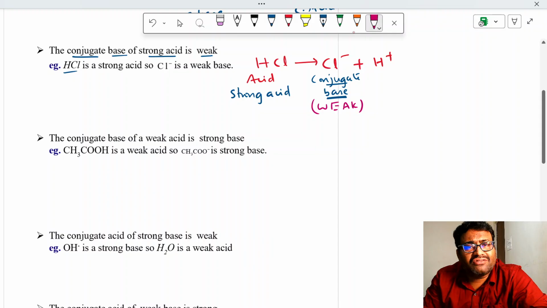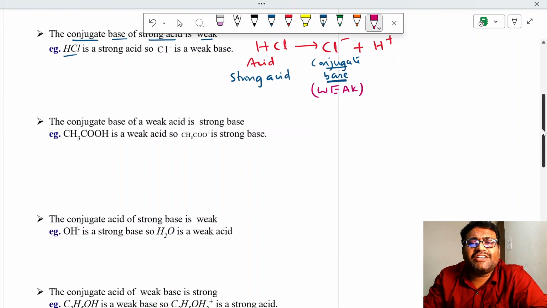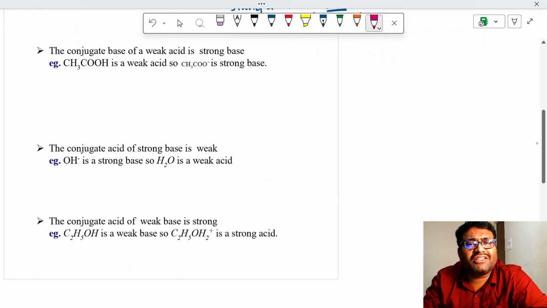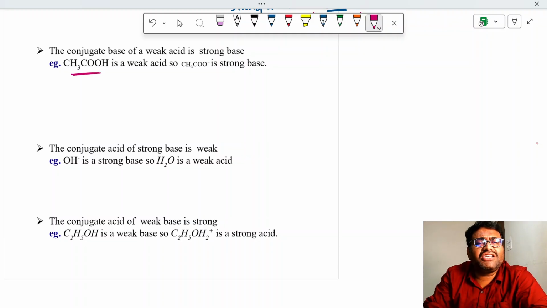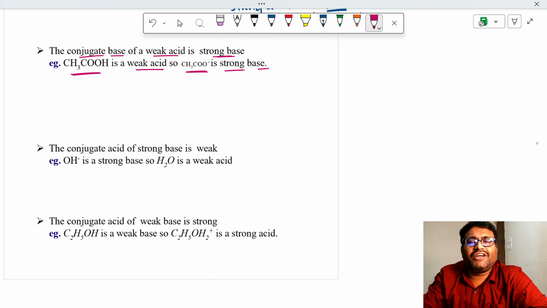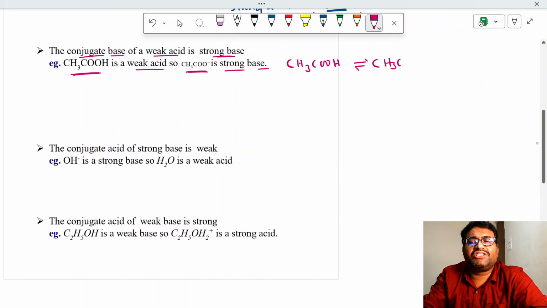If a base is strong, its conjugate acid will be weak. So among conjugate acid base pairs, remember that if one is strong, the other one will be weak. See here, CH3COOH is a weak acid, so the acetate ion is a strong base. The conjugate base of a weak acid is strong. Now let us see. CH3COOH dissociates to form CH3COO minus and H plus.